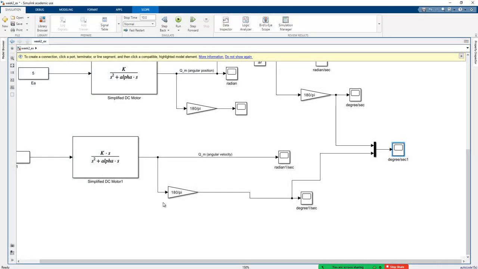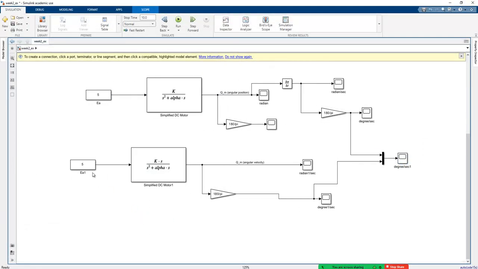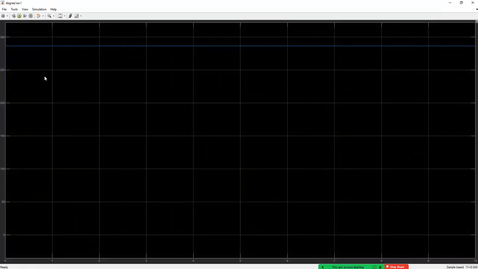So for a given voltage, we can derive some basic notations here, right? Because if we have 5 volts and we apply this voltage to this motor, then we will have around 300 degrees divided by second velocity values of this term.